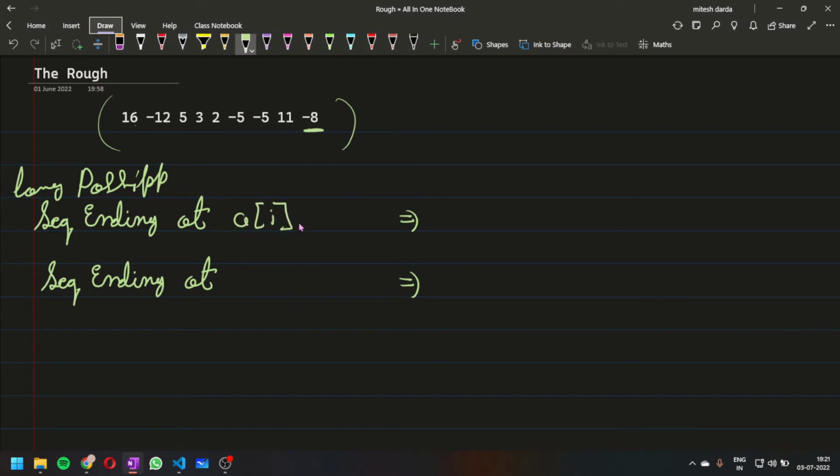So we can also do something like this: if a of i is greater than a of i minus 1, then we will get a positive value, and if a of i is lesser than a of i plus 1, then we'll get a negative value.